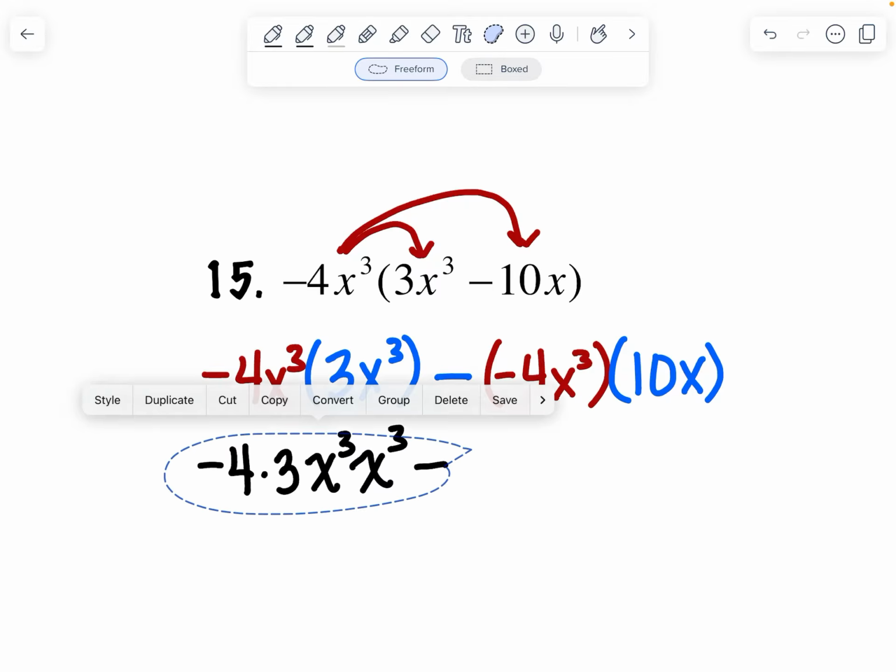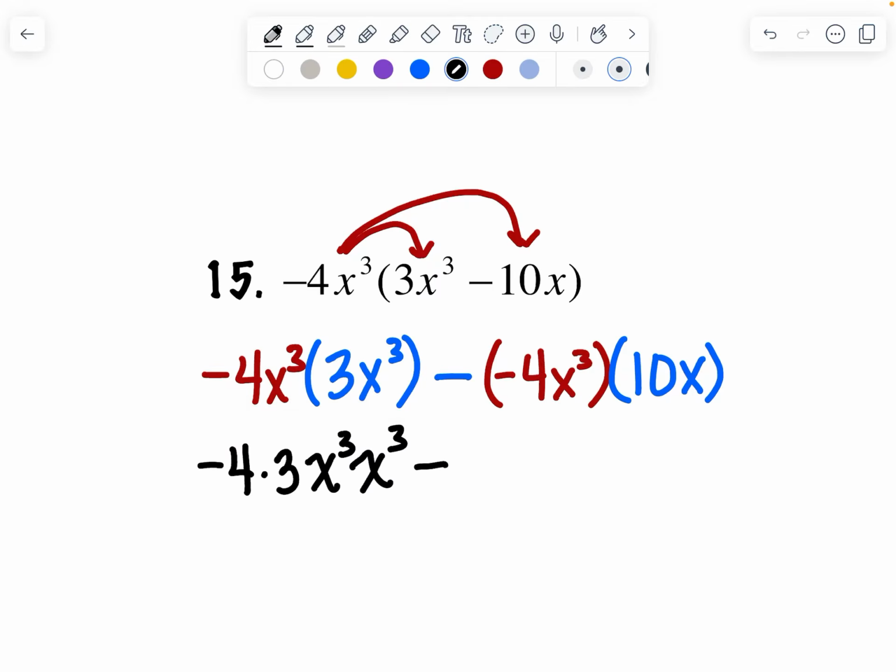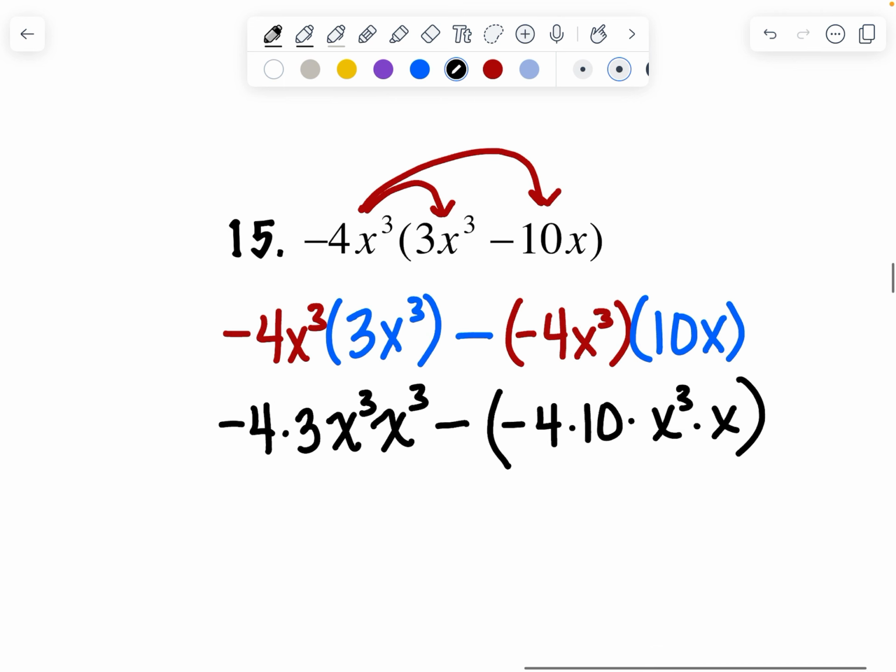So now I've got the first term, now I'm going to get the second term. So I have my negative 4 times 3 and my x cubed times x cubed. Now in the second one, I've got this negative 4 times 10 and times x cubed times x. So now let's simplify our expressions.